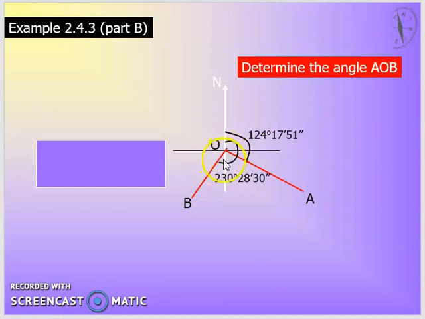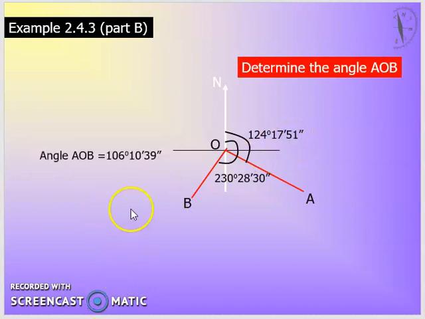So you have to take the big angle, subtract away the small angle. That means 230 degrees, 28 minutes and 30 seconds, subtract away 124 degrees, 17 minutes and 51 seconds. If your subtraction is done properly, you should be getting a value of 106 degrees, 10 minutes and 39 seconds.